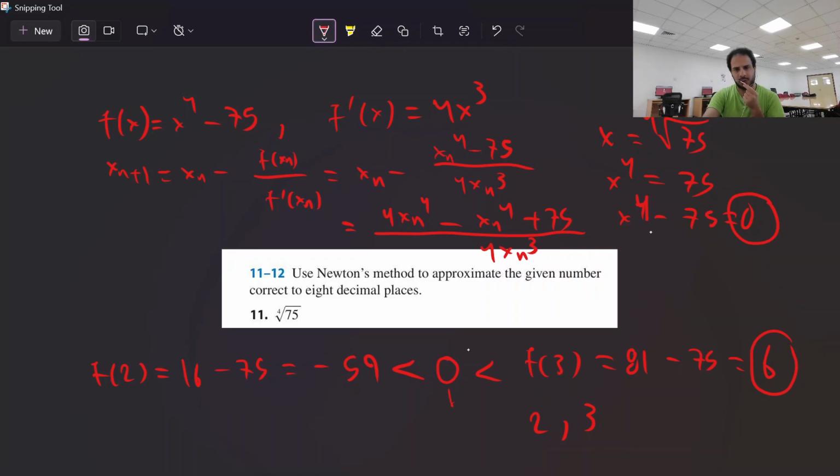We want 0, right? Which value is closer to 0, minus 59 or 6? 6. So x1 equals 3 is better, right? Good.